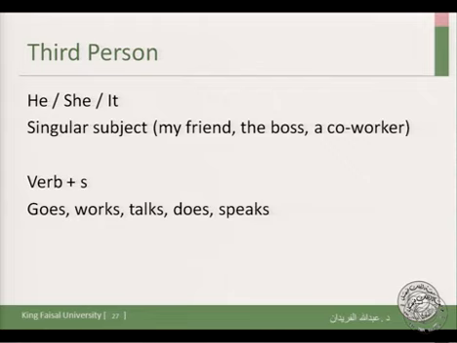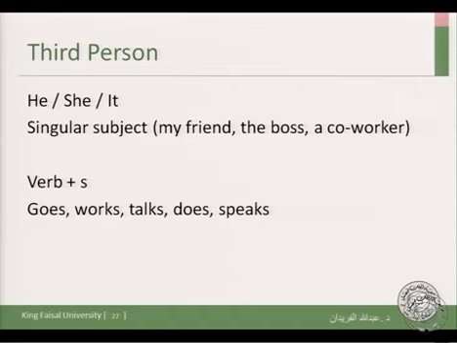He plays, he prays, he exercises, he swims, he watches, she cuts, she delivers, she welds, etc. We must put the S in the verb. Why? Because we are talking about a singular subject, just one person.